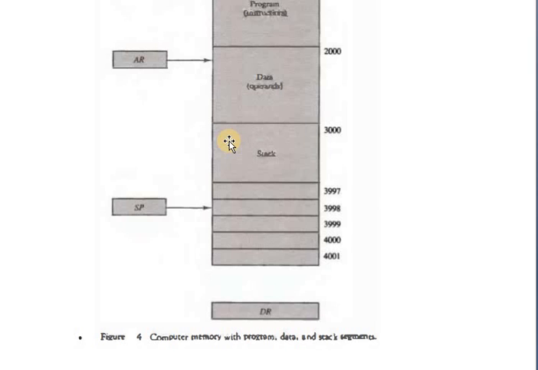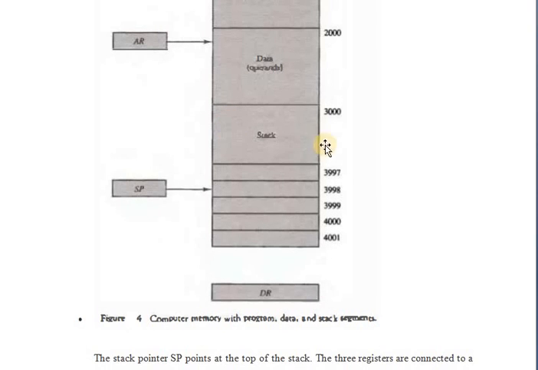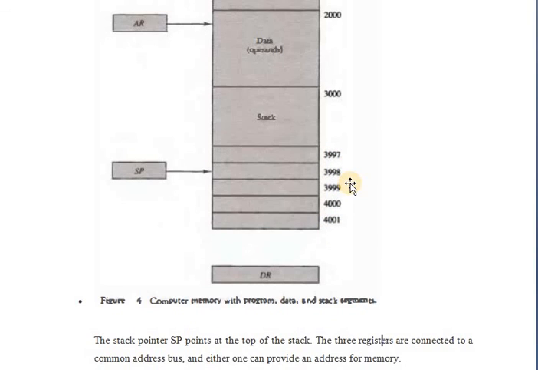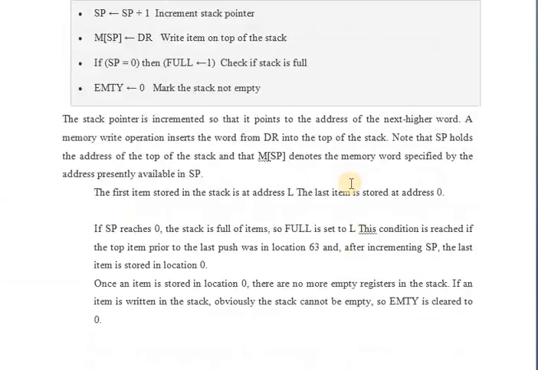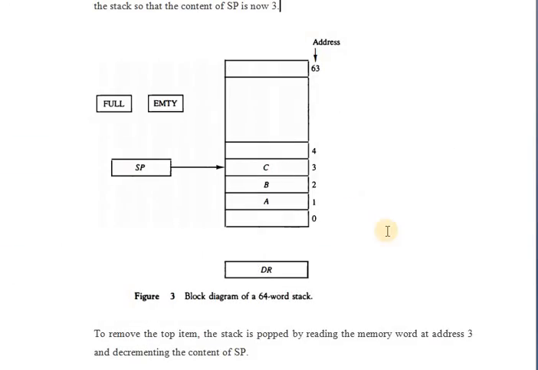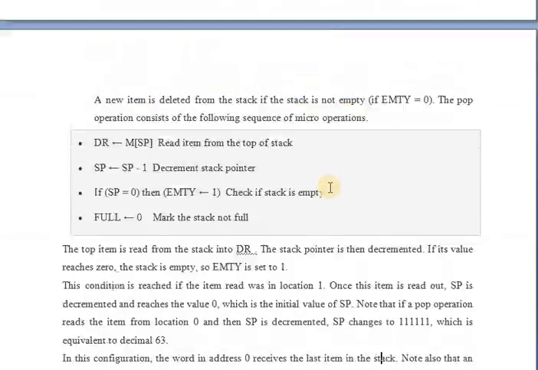See here, this is the figure for decreasing: 4000, 3999, 3998, decreasing. But here, in the upper one, it is increasing. That is the difference between the register stack and the memory stack.